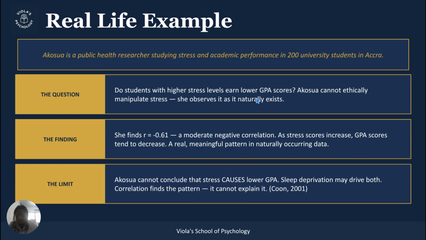So she observes naturally occurring levels of stress and GPA across her sample, and she finds that her coefficient R equals minus 0.61, a moderate negative correlation between stress and academic performance. As stress scores increase, GPA scores tend to decrease.